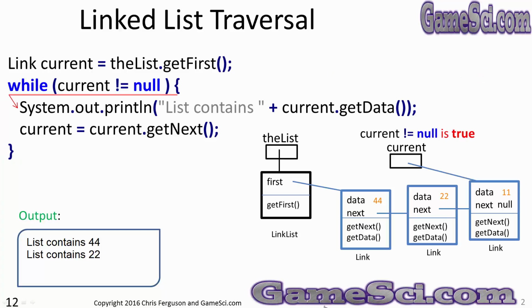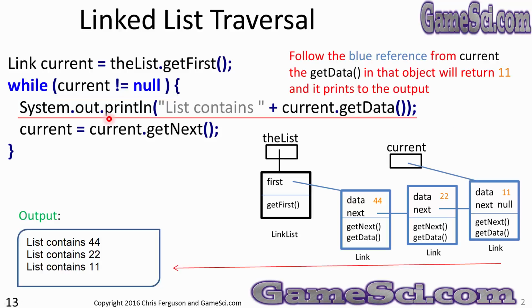When we get back up, current not equal to null is a true statement. Current is clearly pointing to an object. If current is pointing to an object, not equal to null is true. As a true statement, we're going to go inside the while loop and execute the code inside it. We'll do a system.out print line, which will show up on the screen, and we'll pass it current.getData. Follow the blue reference. Here's current.